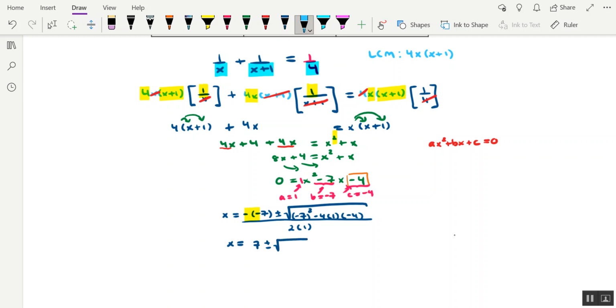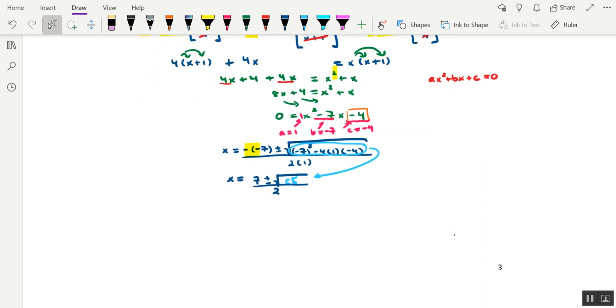And what you want to do is type the discriminant into a calculator, or you can work it out by hand. Either way, you want to simplify the inside of the radical, also known as the radicand. If we do it by hand, that's going to be 49 plus 16, so what we're looking at there is 65. And this is all over 2.